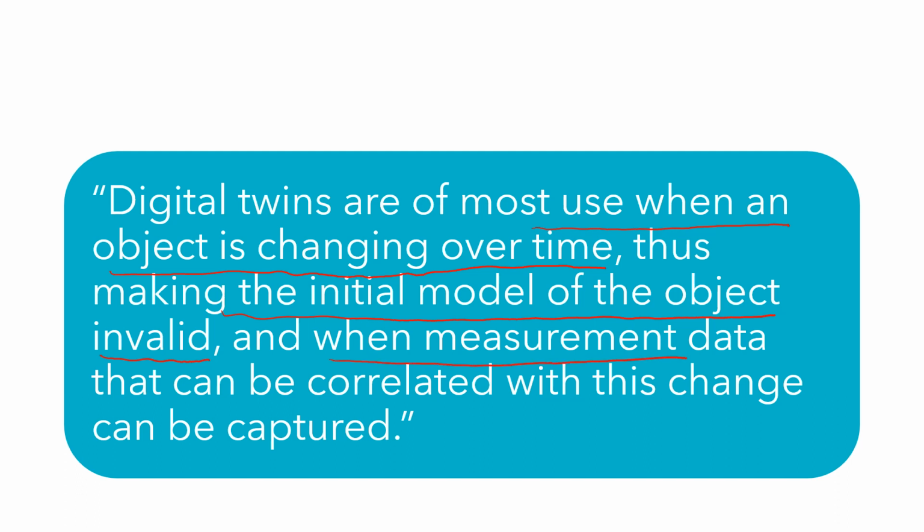And when measurement data that can be correlated with change can be captured. So if you're doing meat processing, then how does the boundary temperature change? And then I am going to use that boundary temperature in the model to get more realistic simulation. So those are the basic parts of a digital twin.